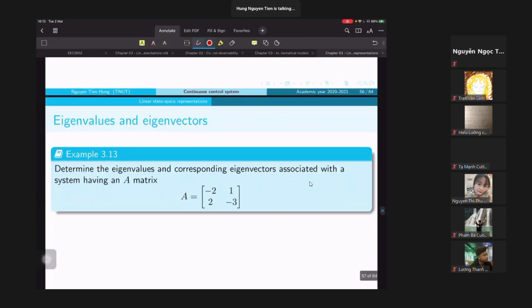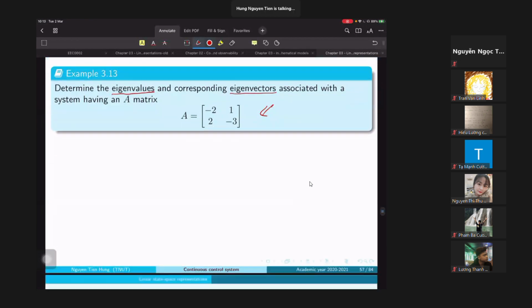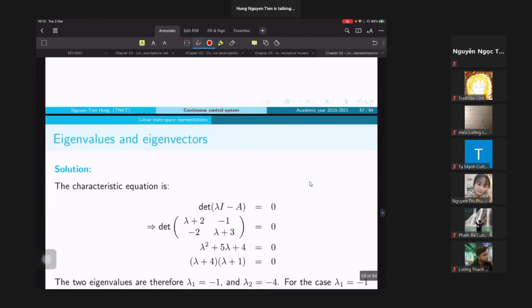So another example. In this example, we have to specify the eigenvalues and eigenvectors associated with this matrix. So we know how to find eigenvalues, and we repeat this.